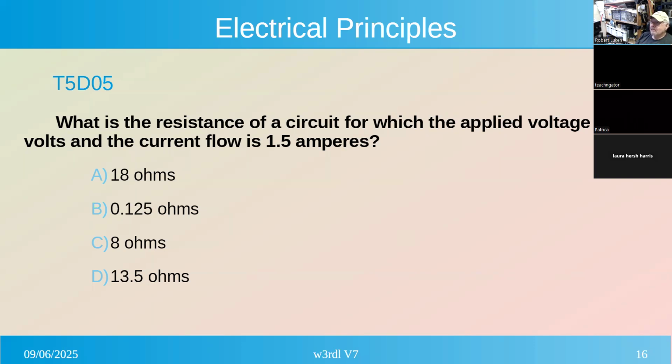If it was 12 volts and the current was 1 amp, it would be 12 ohms, right? If it was 12 volts and the current was 2 amps, it'd be 6. So at 1.5, it must be somewhere in the middle. Yep. Charlie.